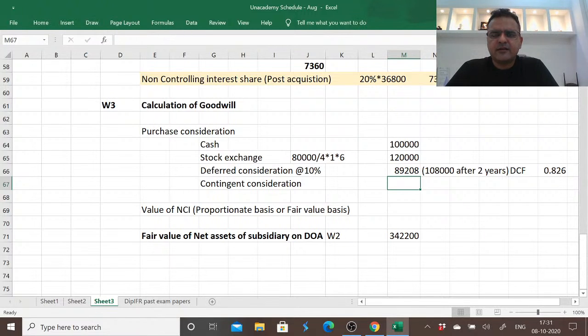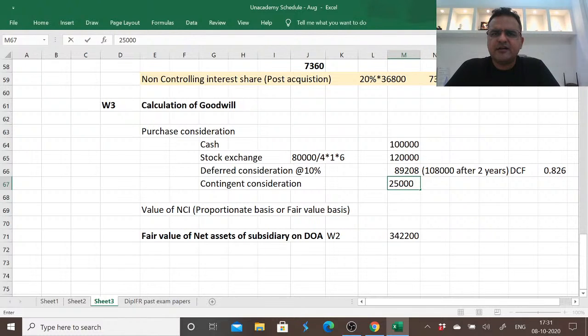It is based on it, but the accounting is related to Ind AS 103 business combinations, which says that if there is any contingent consideration which is dependent on occurrence or non-occurrence of a future event, which may happen, which may not happen, whatever is the probability of amount to be paid in future, we'll include it at the fair value of contingent consideration today. So we need to involve a valuer who will give us the fair value of contingent consideration today, say, 25,000 is included as of today.